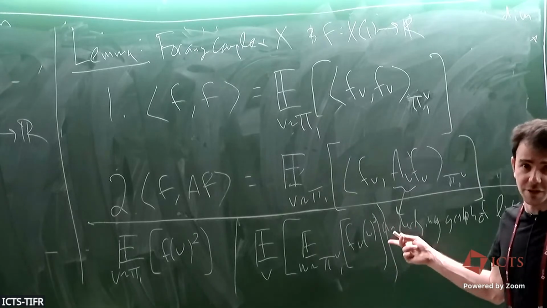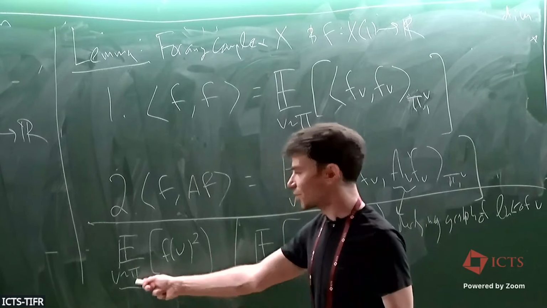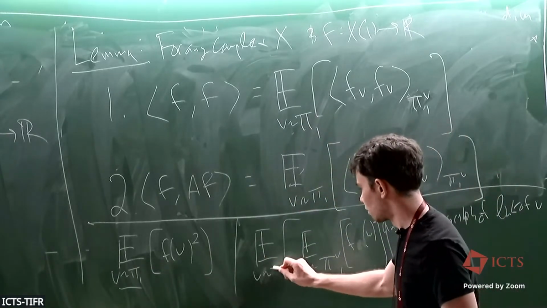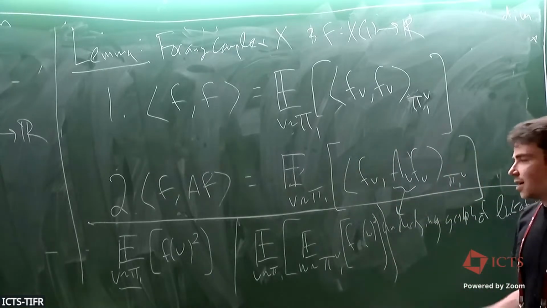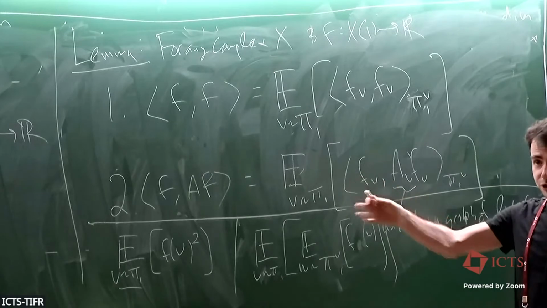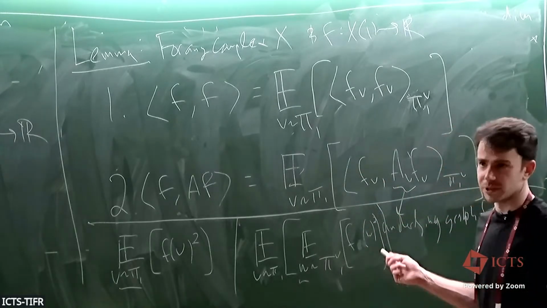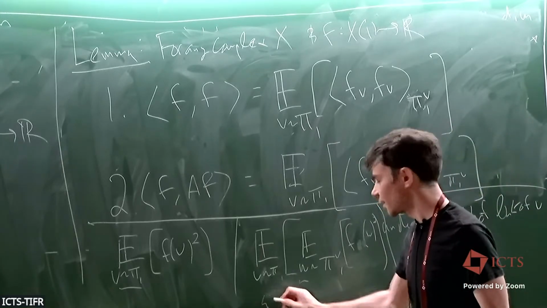That's how we defined f. So this is the expectation over the marginal distribution pi 1, over v drawn from pi 1, and then w drawn conditional on v. But using similar arguments to those in the graph case, it's not hard to argue that w is just distributed like pi 1.